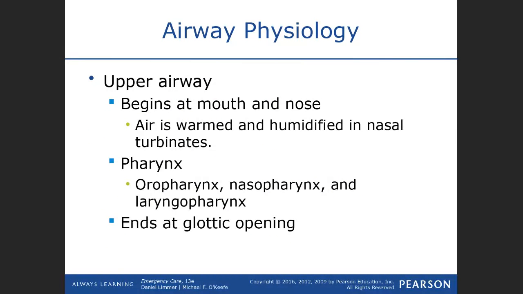The upper airway begins at the mouth and nose. Air is warmed and humidified in the nasal turbinates, that's bones inside of the nose. Pharynx consists of the oropharynx, nasopharynx, and laryngopharynx. And the pharynx is the posterior portion of the throat, and it ends at the glottic opening.